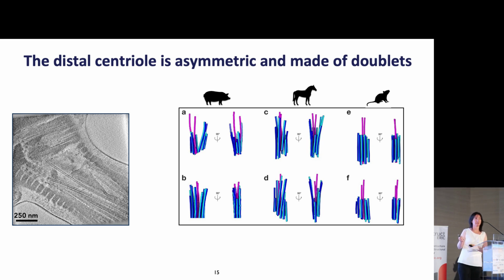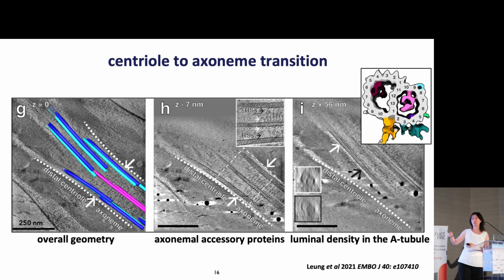And then you might ask, how do you know that it's actually a centriole and not the axoneme? Because we have the data from all parts of the cell, we actually captured also the transition from the centriole into the axoneme. And there are very specific characteristics that you can see here. So first of all, the overall geometry is different.